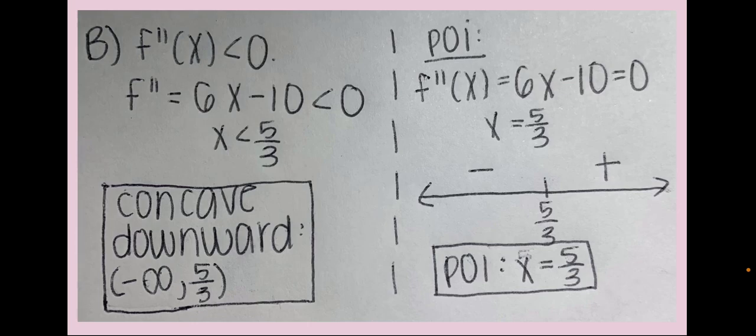And then if you plug in a number that is less than 5/3, you get a negative number, so you can put a minus on the left side. And once you plug in these numbers, you can see that 5/3 fits both of the criteria that I just described, and this tells you that x equals 5/3 is a point of inflection.